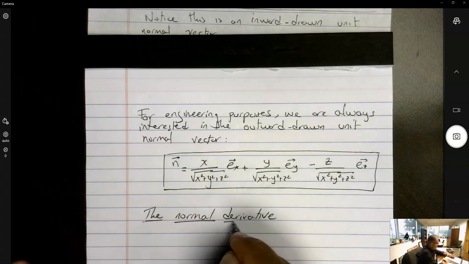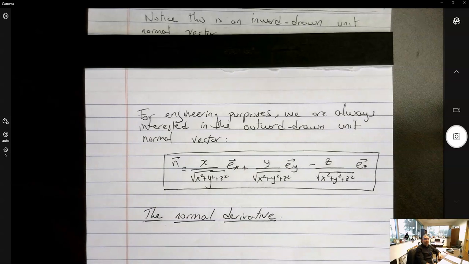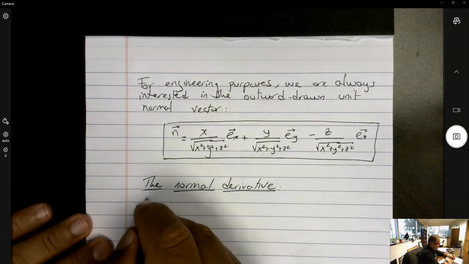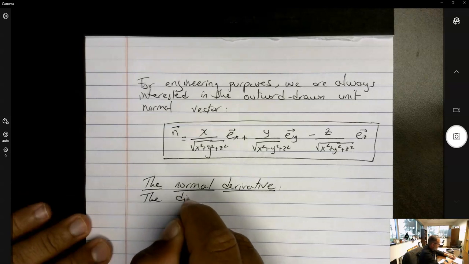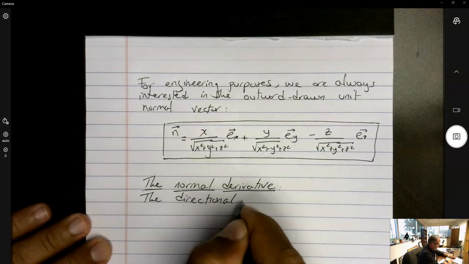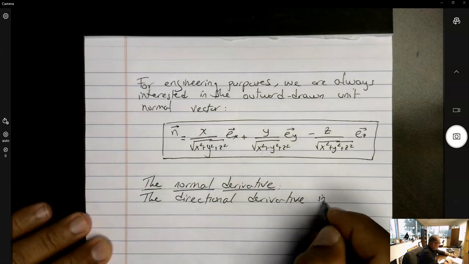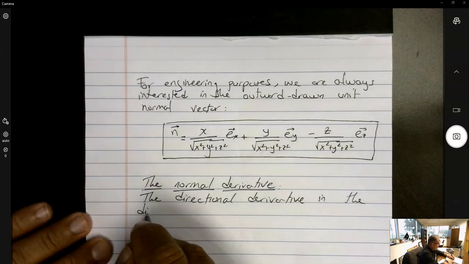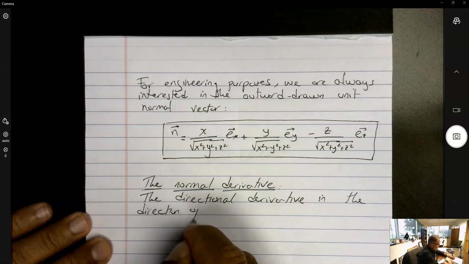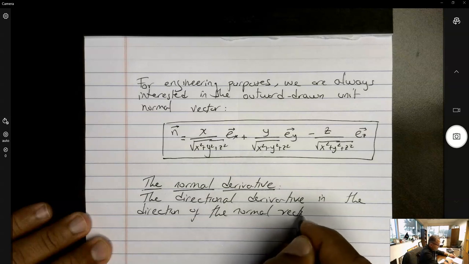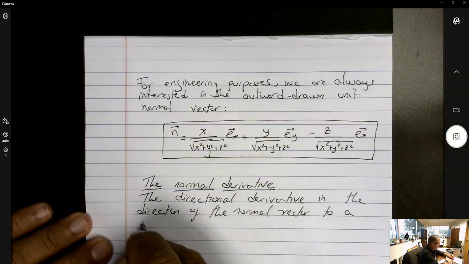So we can take a function and calculate its normal derivative with respect to the normal of a particular surface by simply calculating the directional derivative in the direction of the normal vector to a surface.